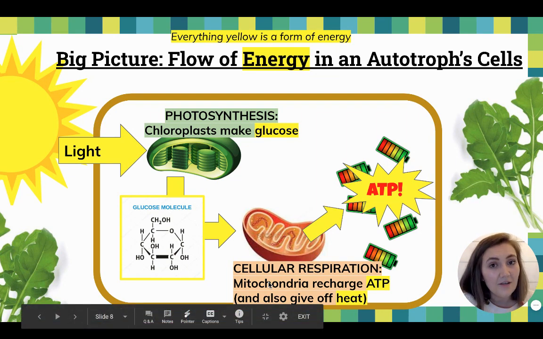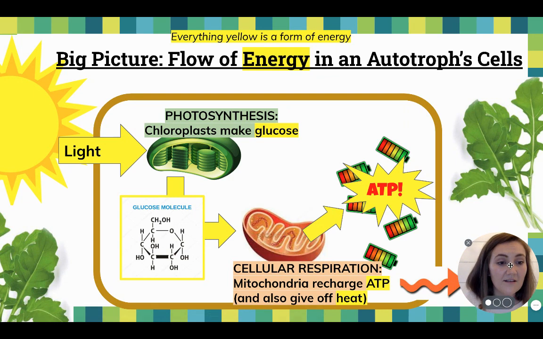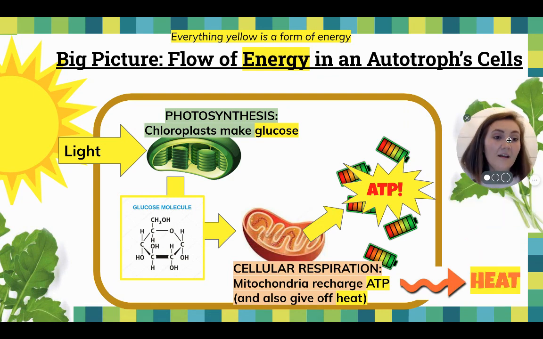Now, it's not super efficient, like we learned in the ecology unit. Only about 10% of the energy that's stored in the bonds of glucose actually makes it to be used in that rechargeable form of ATP. 90% of the energy in the bonds is actually lost as heat. So that's why we have this over here. I'm going to move my picture.